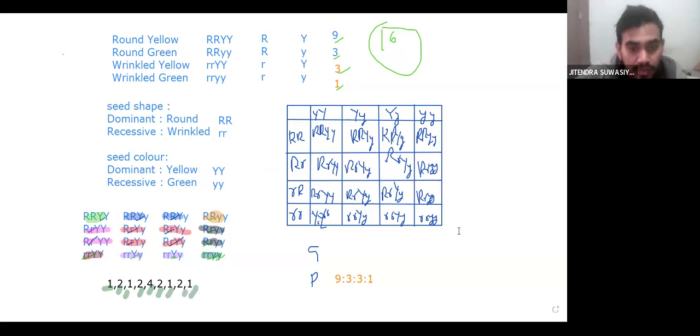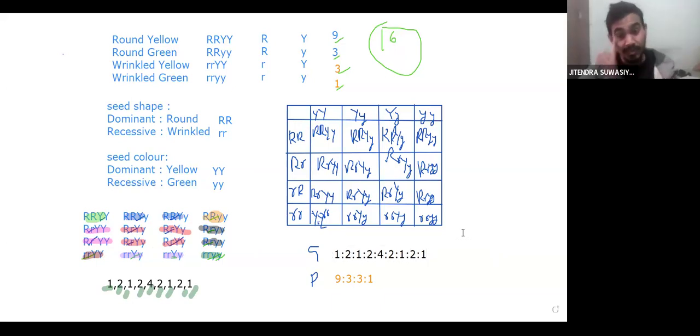So the genotypic ratio will be 1 is to 2 is to 1 is to 2 is to 4 is to 2 is to 1 is to 2 is to 1. So these are the genotypic ratios we have found in the dihybrid cross.